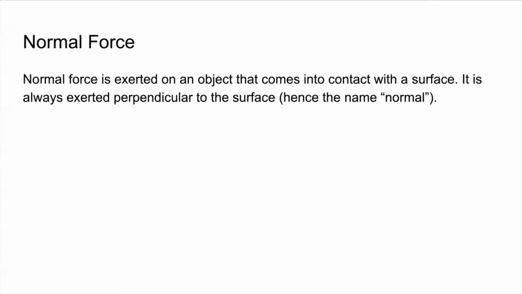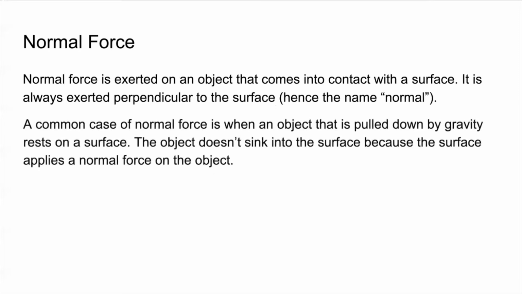Normal force is exerted on an object that comes into contact with a surface. It's always exerted perpendicular to the surface. That's why it's called normal force. You may have thought that normal means ordinary, but in this context, it means perpendicular. So a common case of normal force is when an object that's pulled down by gravity rests on a surface.